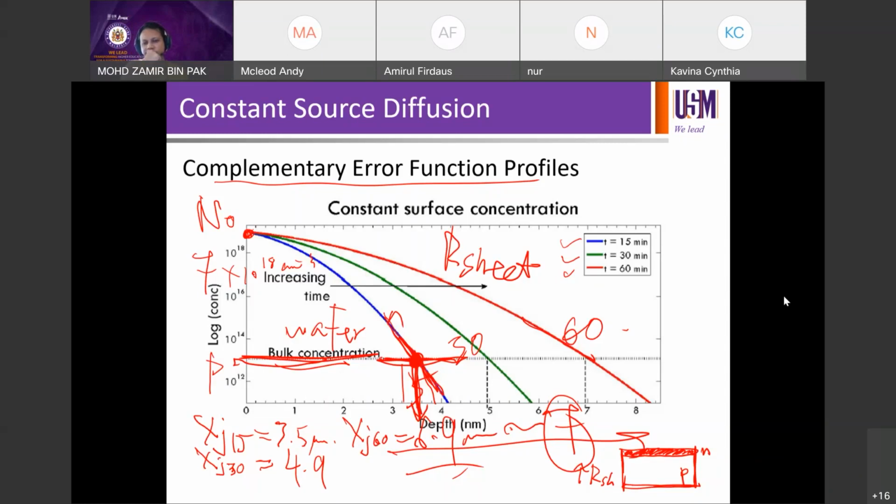Kenapa kalau dia shallow ataupun dia punya dopant profile is very shallow or small, kenapa dia resistive? High sheet resistance. Okay, alright, it's alright. Izati.